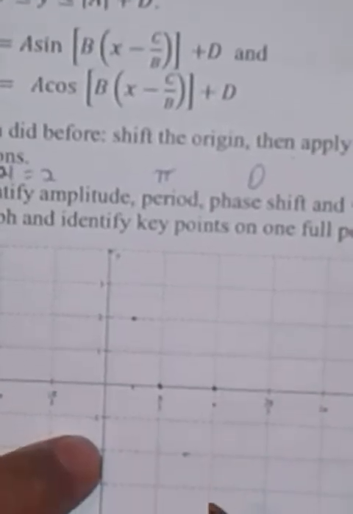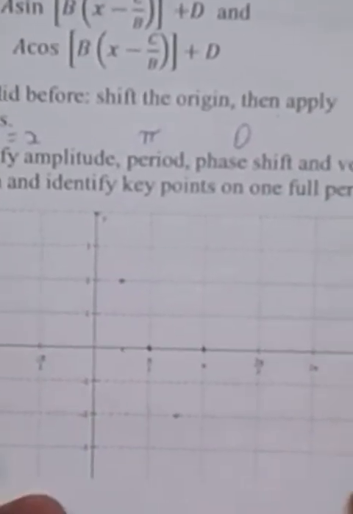Because this is shrunk in half, the hill is from 0 to pi over 2, but it doesn't just go up to 1, it goes up to 2. So at pi over 4 will be the top of the hill, and then 3 pi over 4 will be the bottom of the valley.